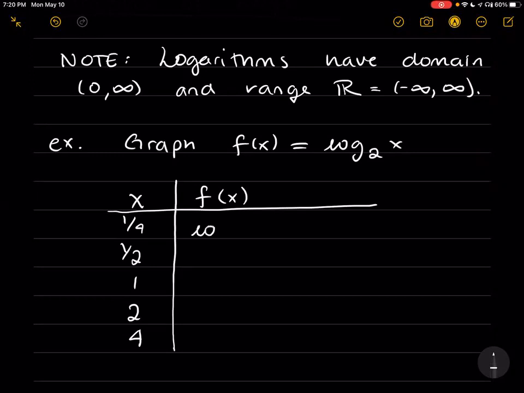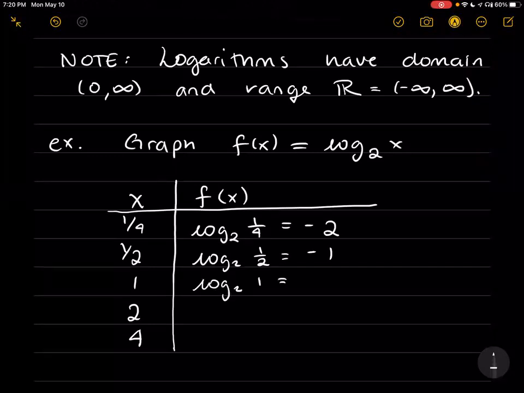And so we want to know what log base 2 of 1/4 is. If you do the math out, I think you'll find the answer should be negative 2, right? Because 2 raised to the negative 2 power is a quarter. And then log base 2 of a half, similarly, is negative 1.